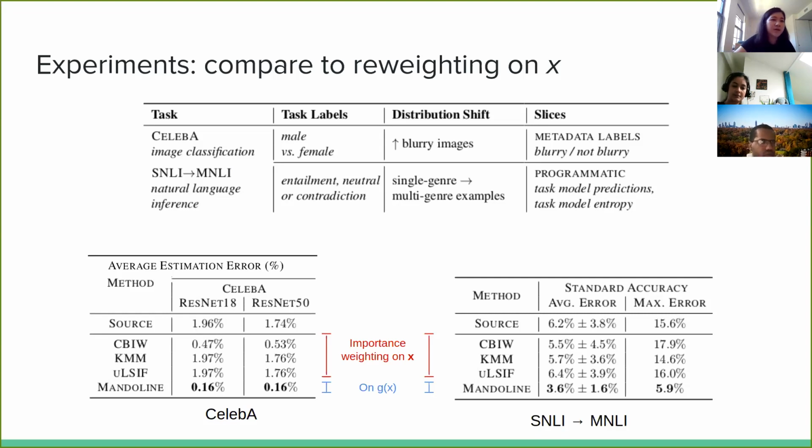The target average estimation error isn't in this table. We would say we want Mandoline to capture that our model error is 1.96% on the source, and actually maybe let's say 3.5% on the target. And so Mandoline comes within 0.16% of that gap.